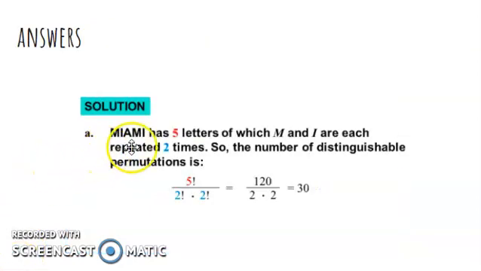So a more simplified explanation of this is that Miami has 2 repeating letters, M and I, and they are both repeated 2 times, so you can divide 5 factorial, which is the total number of letters, by the number of times each letter is repeated, if they are repeated, to get the total number of combinations.